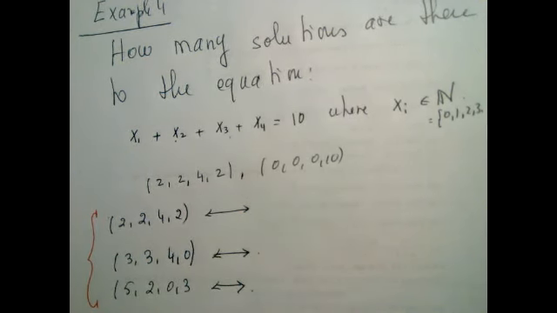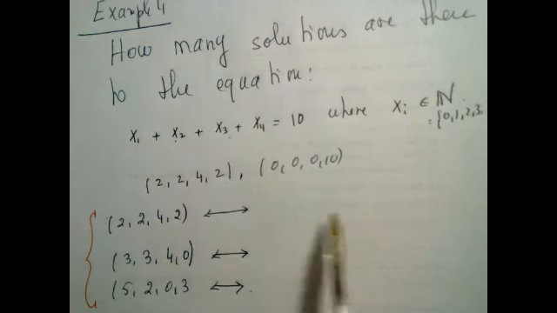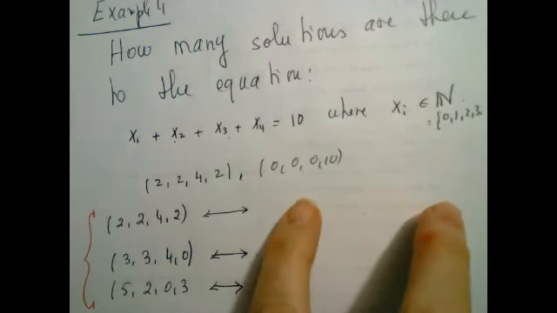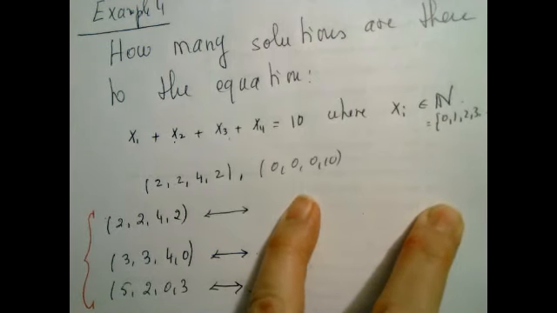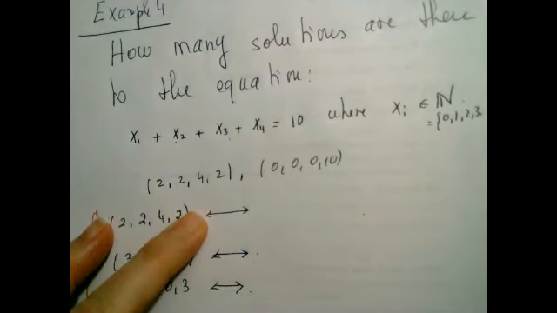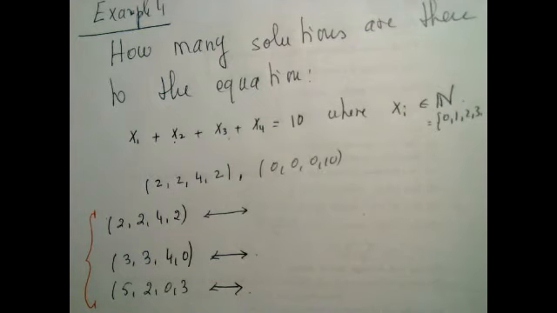Now, what kind of string do you think I'm going to associate so that the number of strings I have with a certain property corresponds to the number of solutions? What should the string be?